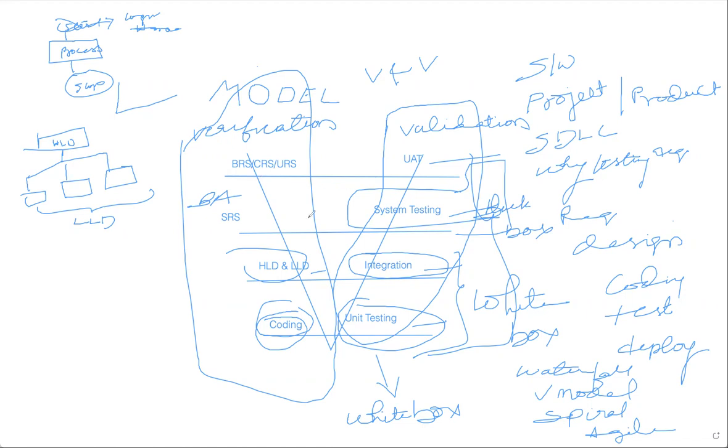The SRS document holds complete information on what the customer requires, so complete functional knowledge is in the SRS document. Based on it, testers do test planning activities like test case creation and test scenario creation, and get ready before starting testing.